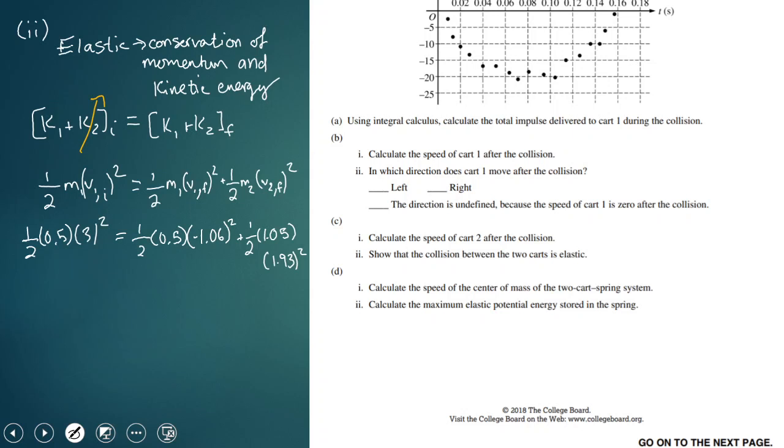And so on this side, we get 4.5, 2.25 joules. And on this side, putting that into my calculator, I get 2.24.